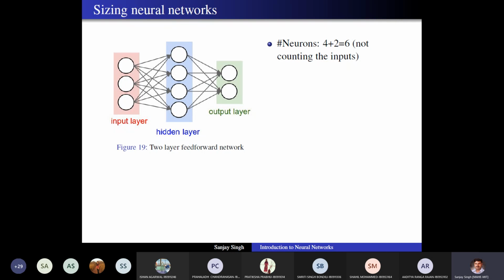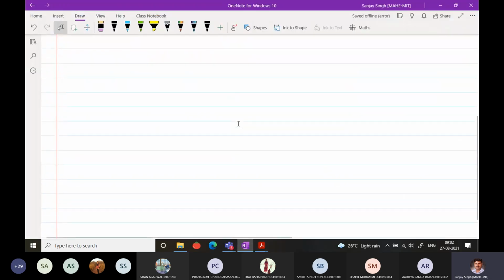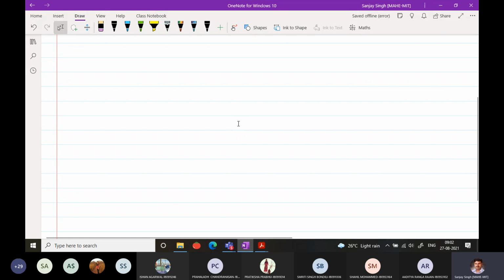Now, can you tell me what is happening here? Let me use a diagram to get an idea of how things will happen. A simple diagram: let's say I'm going to draw the architecture for 3, 4, 2, same as given here.